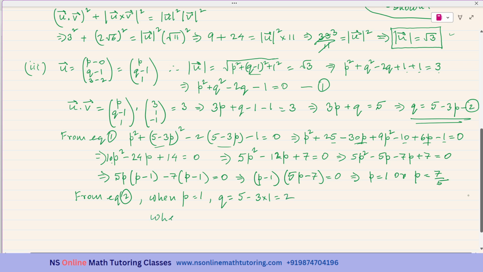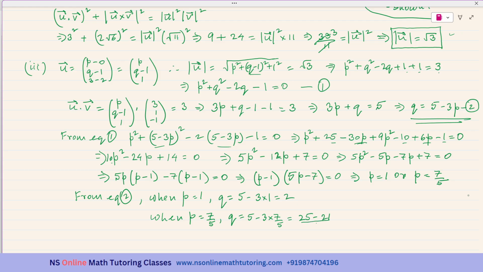And when p is equal to 7 over 5, q is equal to 5 minus 3 times 7 over 5, which is equal to (25 minus 21) over 5, which is 4 over 5. Okay, so this will be the answers for part B.